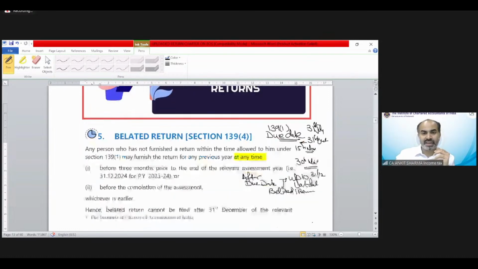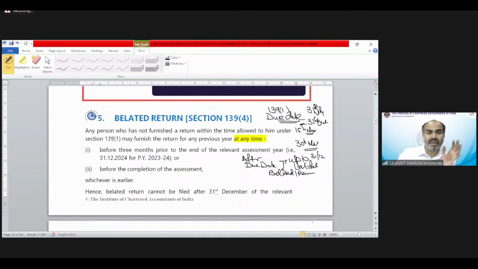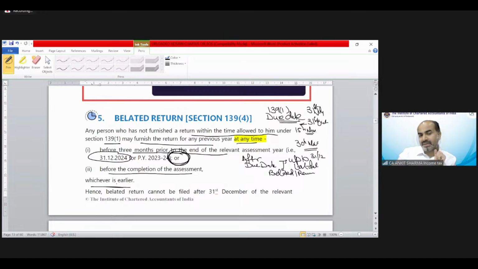The provision says that for a belated return, any person who has not furnished a return within the time allowed to him under section 139(1) may furnish the return for any previous year at any time before 3 months prior to the end of the relevant assessment year. So the fixed date is 31st December, or, very importantly, before the completion of assessment, whichever is earlier.